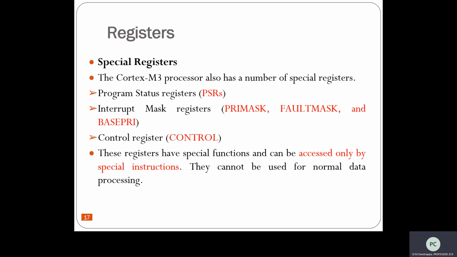General instructions are not allowed to access them. Only a certain set of instructions is available to access these registers. In today's session, I will explain some special function registers and some instructions: what kind of instructions support moving data from the special register to the general purpose registers, and from the general purpose register to the special purpose registers.